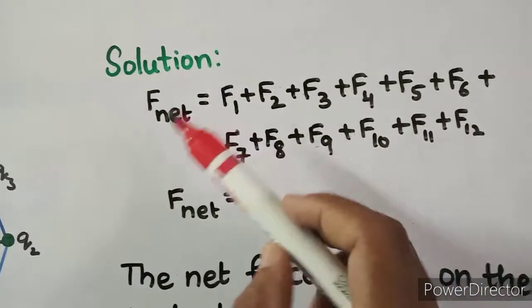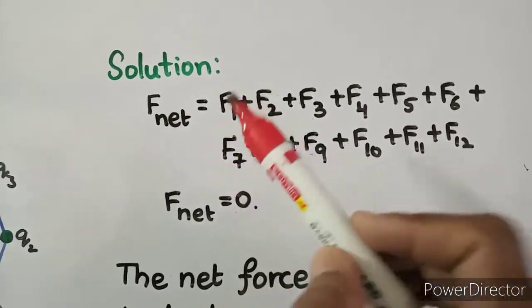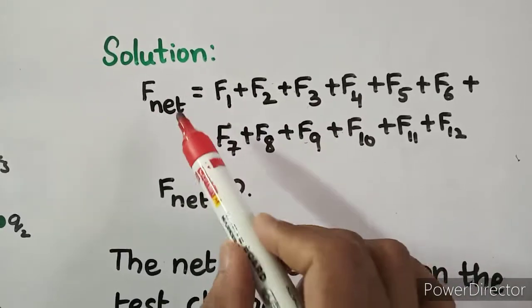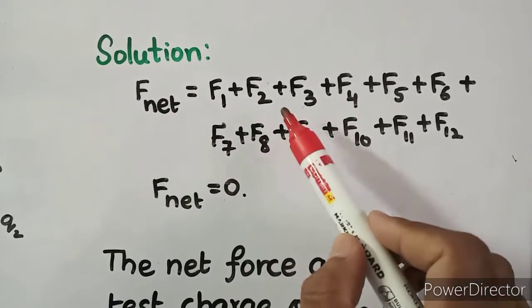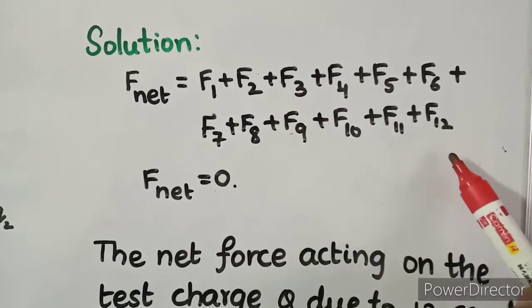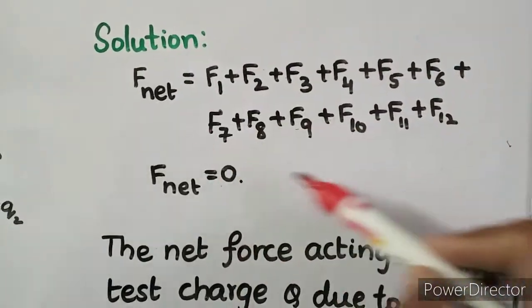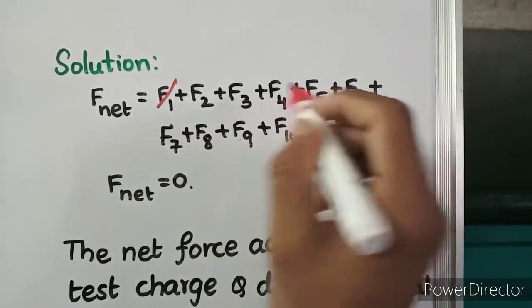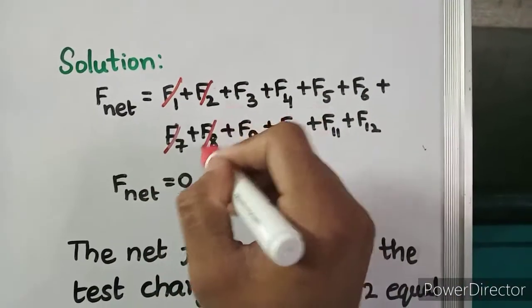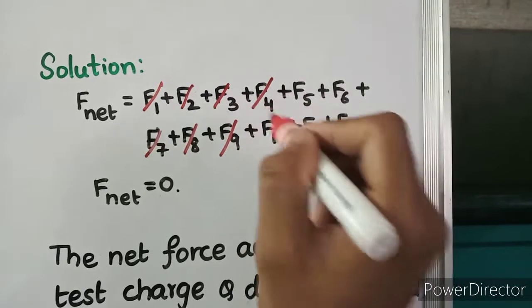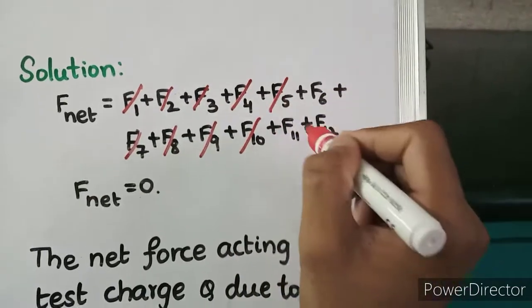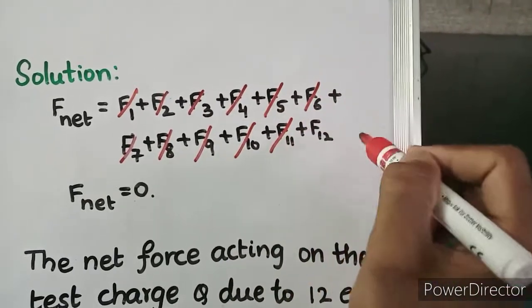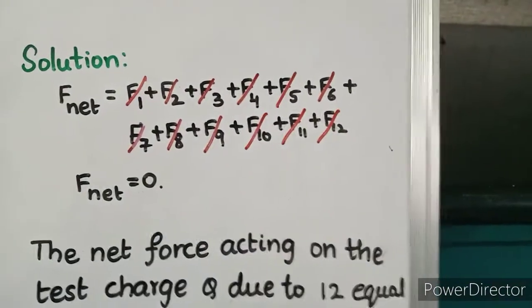The net force is calculated by using the principle of superposition of forces. So the net force is F1 plus F2 plus so on up to F12, and if you add all these you will get 0, because F1 cancels with F7, F2 cancels with F8, F3 cancels with F9, F4 cancels with F10, F5 cancels with F11, and F6 cancels with F12.